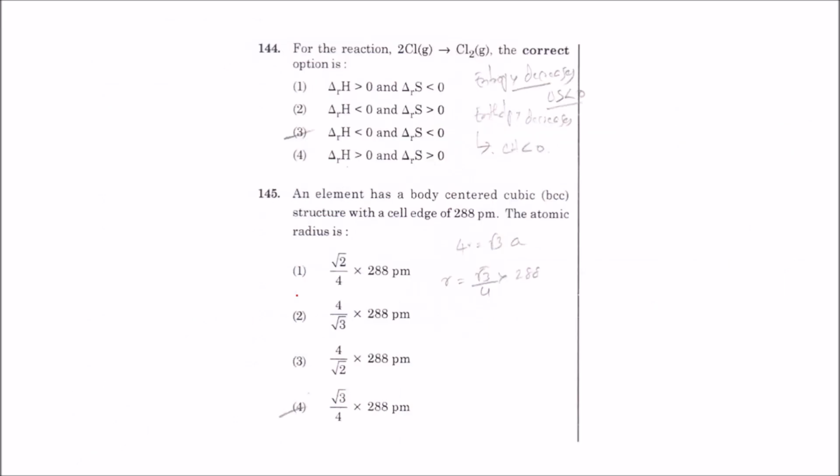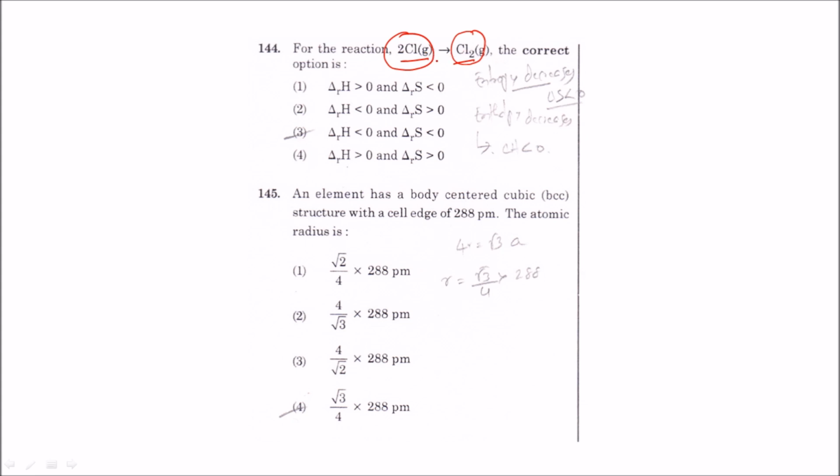Next one, question number 144. For the reaction of two chlorine atoms combining to form a chlorine molecule, the correct option is. If you see the reaction here, on the reactant side we have 2 moles of chlorine atoms, and on the product side 1 mole of chlorine molecule. First let's see the entropy. Entropy depends on the number of moles.